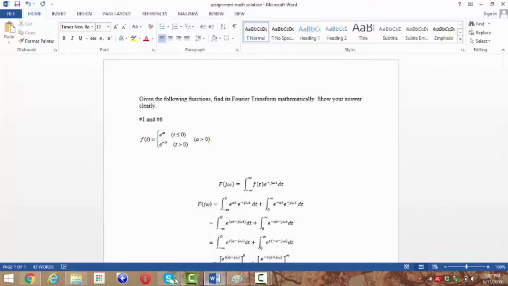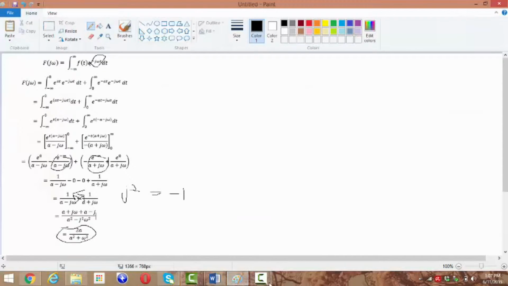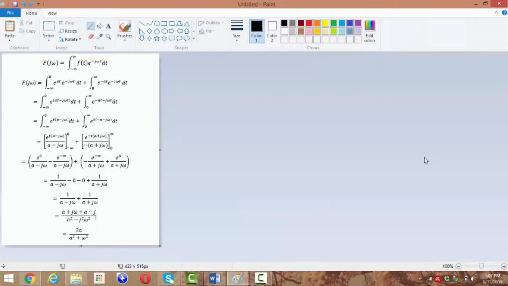Okay, for the solution, F(j omega) equals F(j). From negative infinity to 0, since it is exponential times exponential, we can just add the powers of both exponentials: exponential at minus j omega t, and the second is the same.